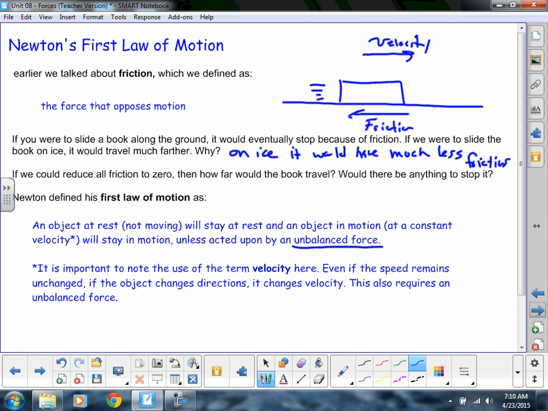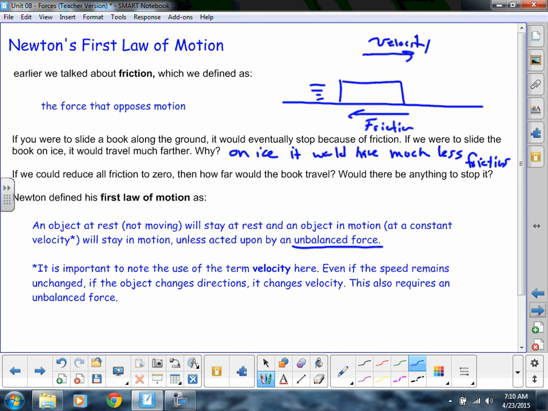So when the book slides across the ground and experiences friction, the friction is unbalanced. There's nothing to balance it out, and so the book slides to a stop. Its motion changes. It goes from moving to rest. When we played the broom ball activity, the bowling ball was at rest, and then we applied an unbalanced force, the push of the broom on the bowling ball, and got it to start moving.